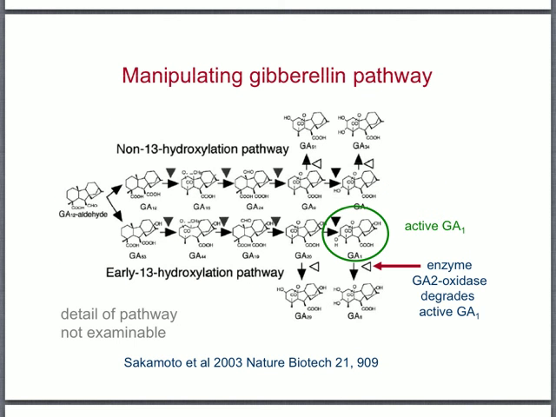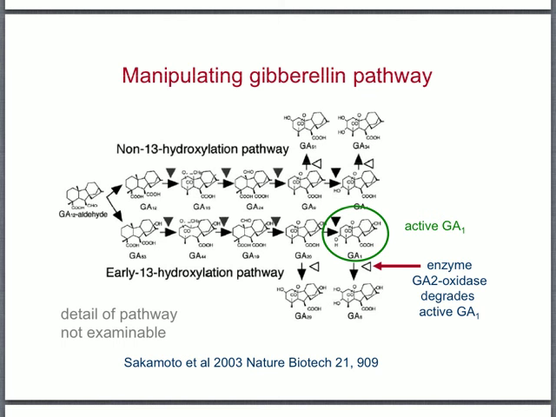You will be pleased to know you don't actually need to know the details of this pathway, except that it's complicated. There's many steps. The active gibberellic acid, known as GA1, is synthesised in about 5 or 6 different steps there. This active gibberellic acid can be degraded by an enzyme known as GA2 oxidase.